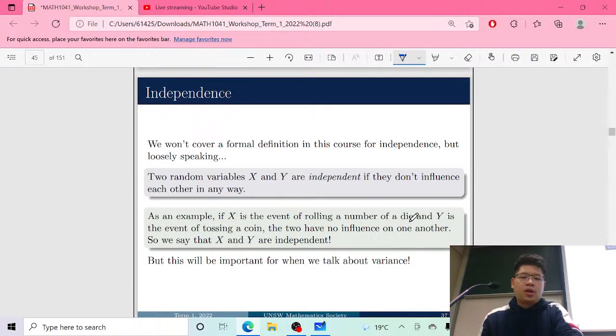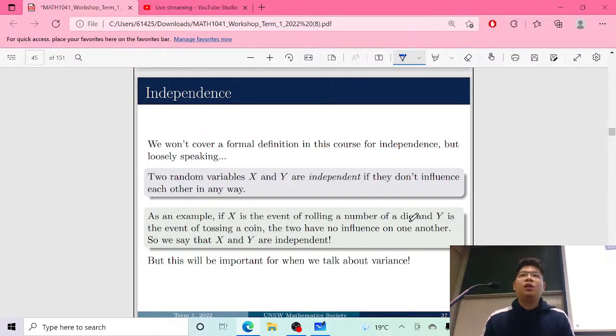So we're going to regress a little bit here and talk about independence again, because I think it's a pretty important note. You can actually talk about independence for random variables too. It's a little bit different from probability, but the idea is that if two random variables are independent, then they just don't influence each other, like probability.